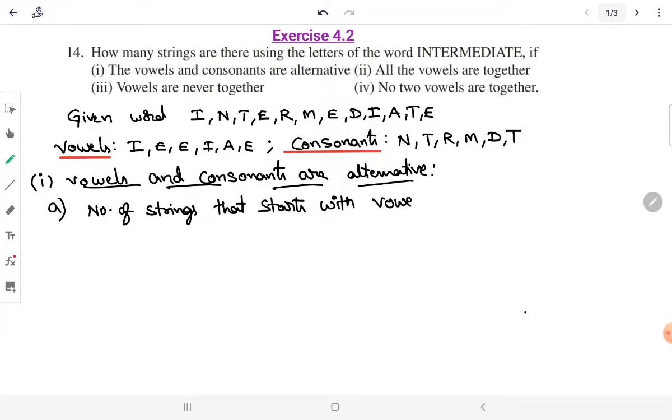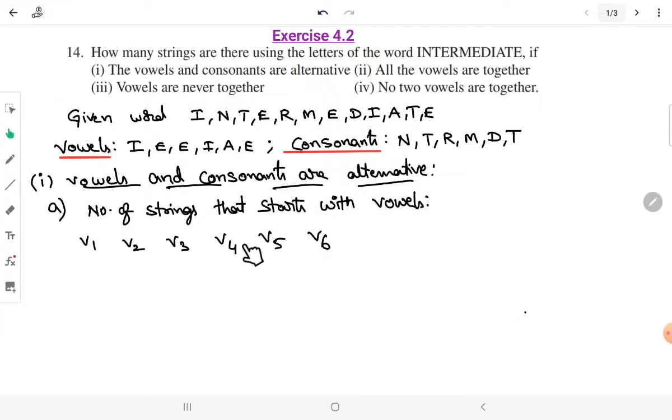Now suppose see here, altogether we have 6 vowels. So if I start with the vowel, let us take the first vowel, second vowel, third, fourth, fifth and sixth vowel.